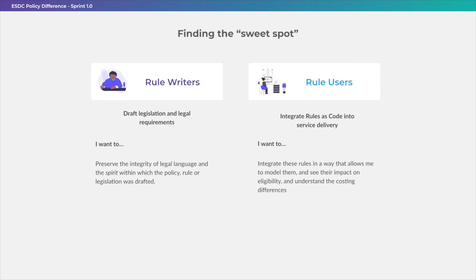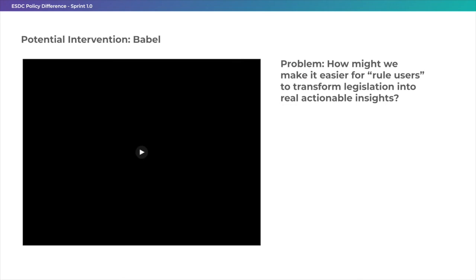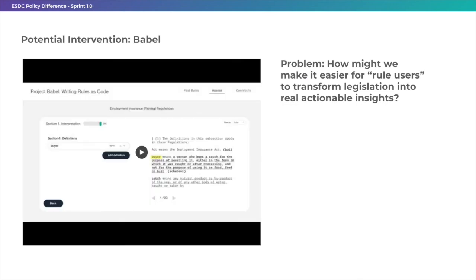So as we've seen, there are a lot of opportunities to intervene, but one place that we found a significant gap is that between the rule writers and the rule users. So we decided to ideate and we decided to come up with our problem. Our problem is, how might we make it easier for rule users to transform legislation into real and actionable insights?